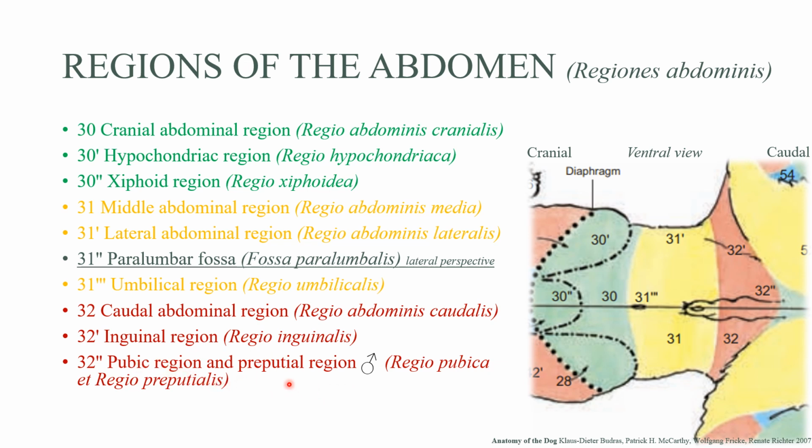Now the preputial region is only for male dogs because of their male genitalia, but this region would be right here. As you can see, this is a male dog, so this is shown right here. And then the regio pubica, or pubic region, is meant for both female and male dogs.